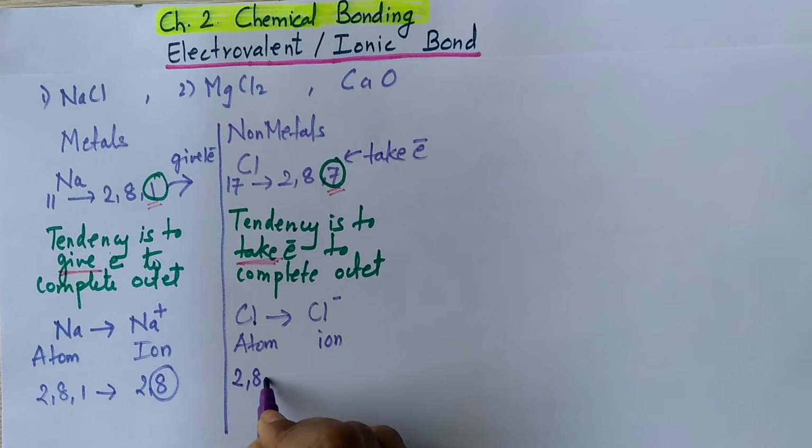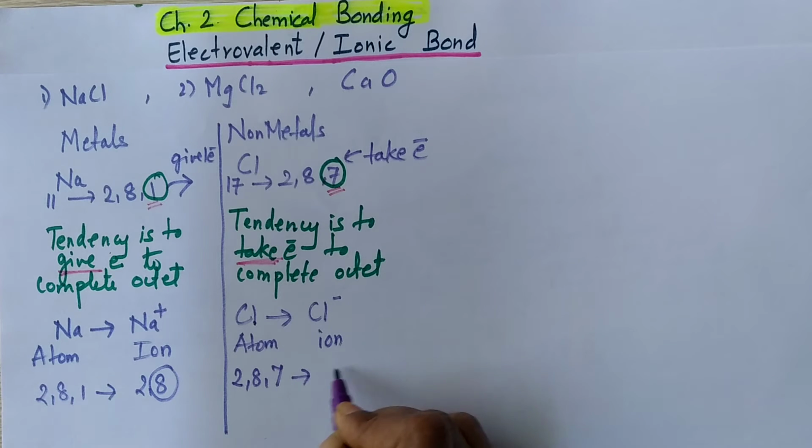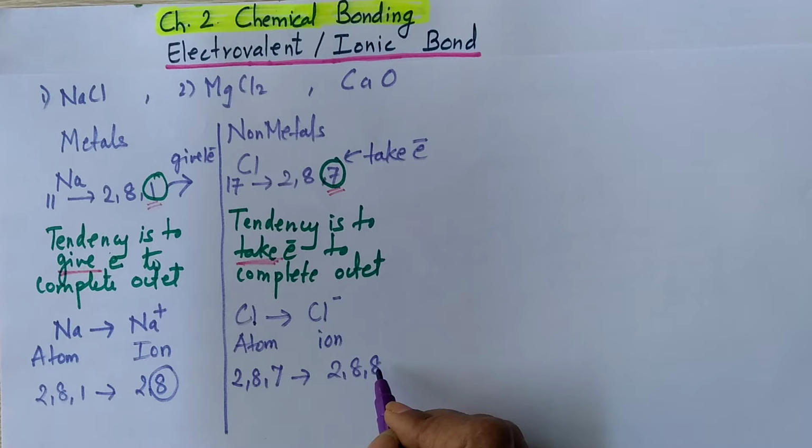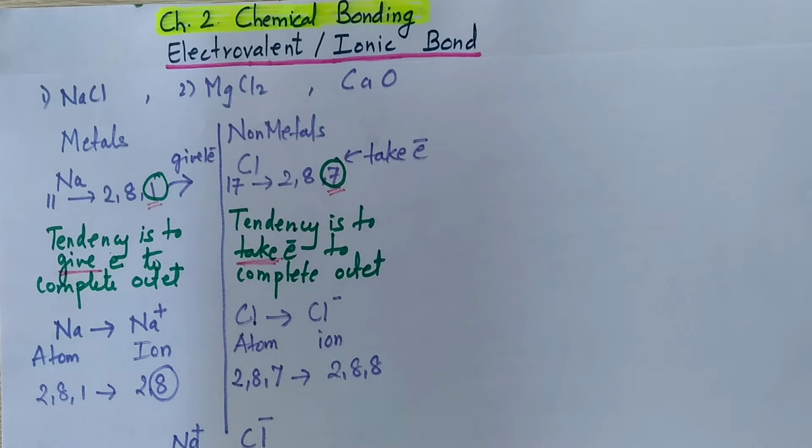Initially it was 2,8,7 and now it is 2,8,8 because it took one extra electron. Now Na plus ion and Cl minus ion, they will combine. They will come together and their charges will be cancelled, and it forms NaCl.